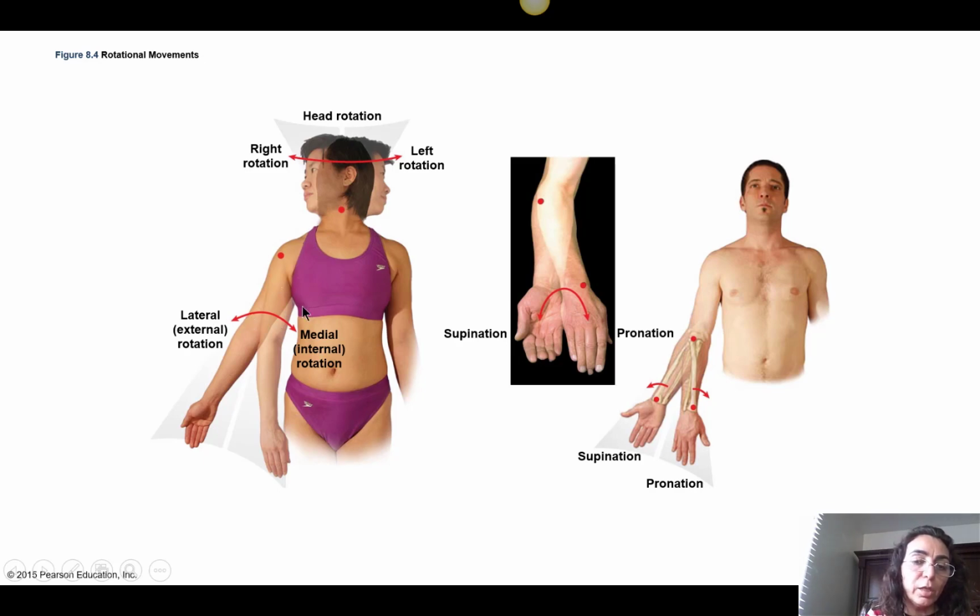That's good to understand, because later when we're talking about the muscles and their movement, we will see that, for example, one function of this muscle is medial rotation or internal rotation. So it's good to understand that the movement is happening at the shoulder area, right?